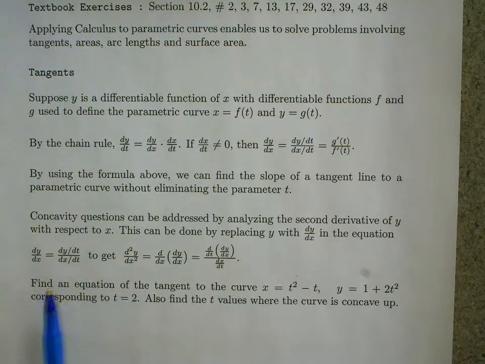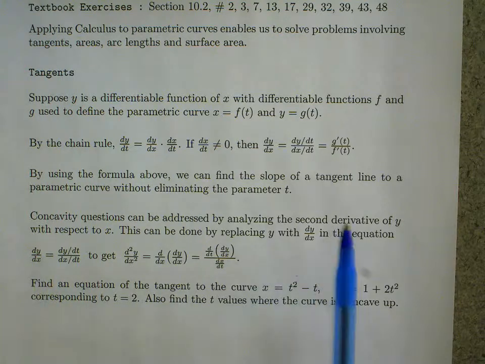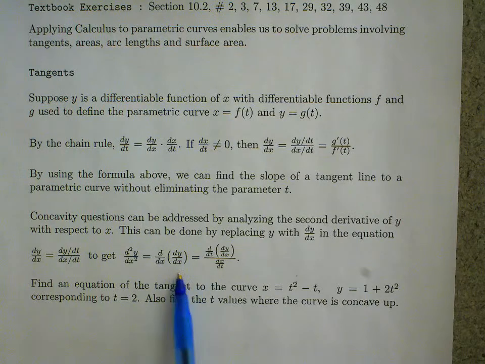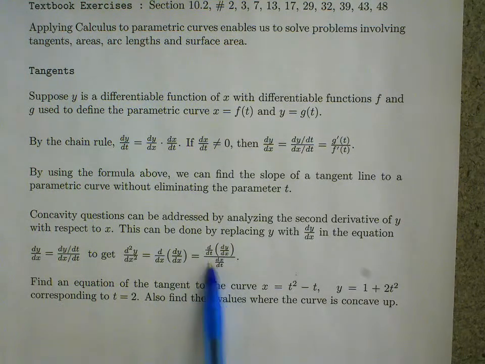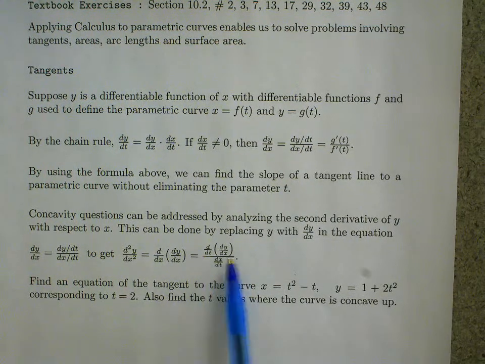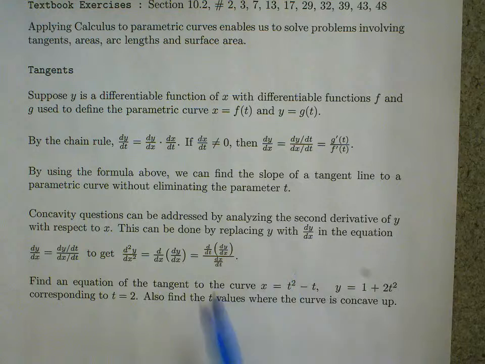To find the second derivative, just replace y with dy dx. So the second derivative is, in the numerator, the derivative with respect to t of dy dx, over dx dt. So when you've done this a few times, it starts to click. It'll make more sense.